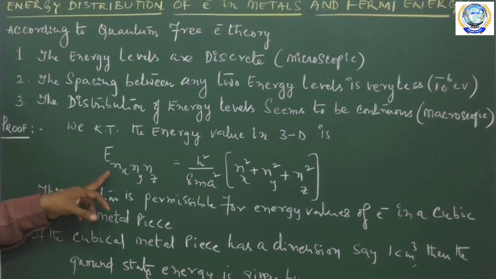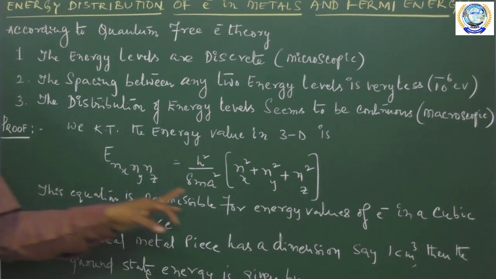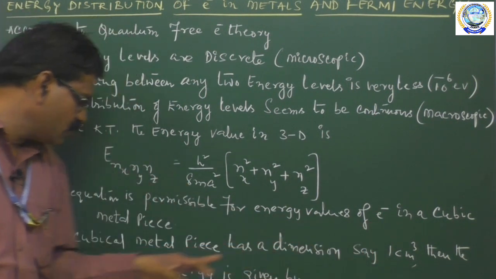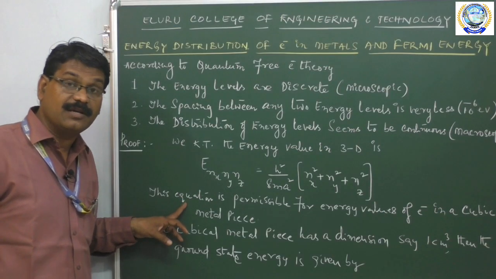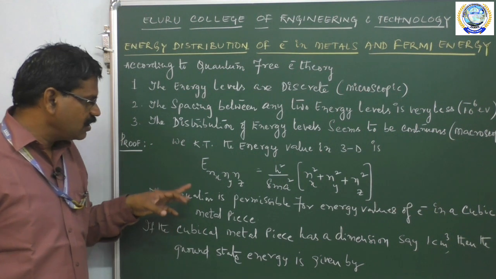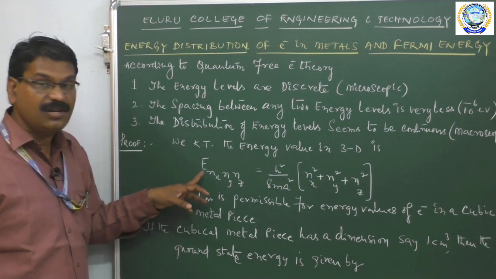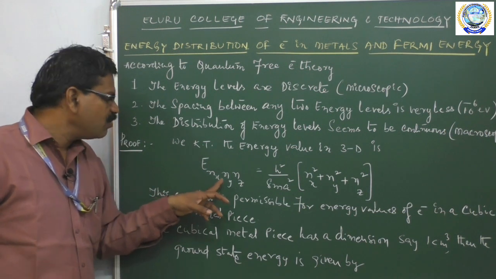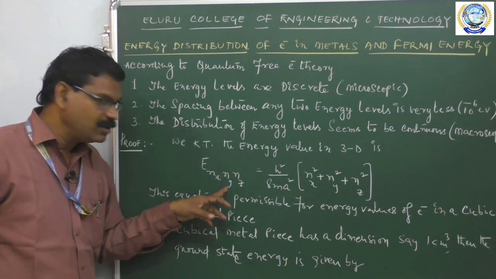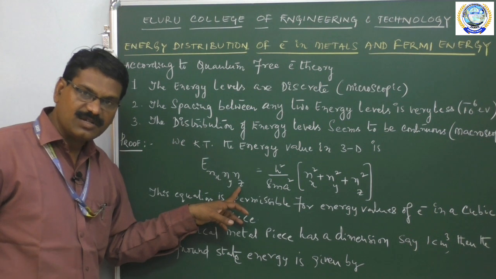Now, this equation is permissible for the energy levels of electrons in a cubic metal piece. If we consider a three-dimensional specimen like a cubic metal piece, there are three-dimensional axes. nx represents the x direction, ny represents the y direction, and nz represents the z direction.